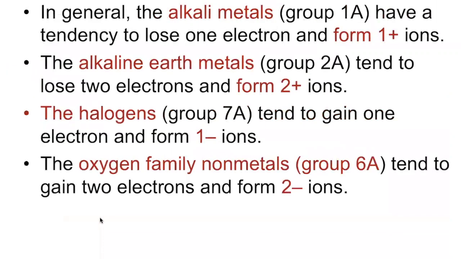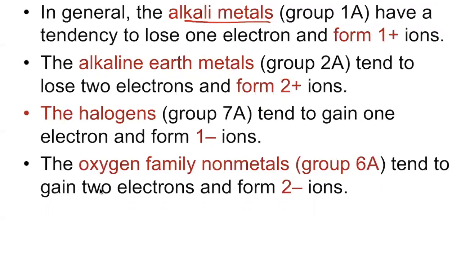So in general, alkali metals, which is your group 1A, are going to lose 1 electron, and they're going to have a +1 charge, a cation. The alkaline earth metals are going to lose 2 electrons and have a 2+ charge.